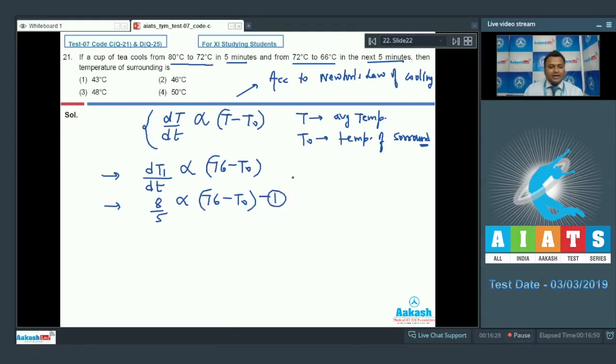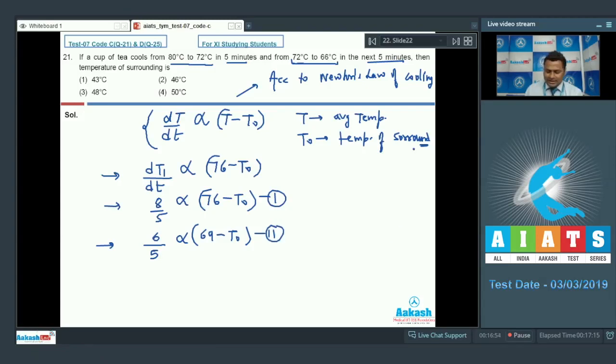Let's do the same for the second case also, from 72 to 66. dT2 by dt, the time is again 5, but the change in temperature from 72 to 66 degrees is 6, proportional to the average of 72 and 66, which gives 69, minus the surrounding temperature, which will be the same.